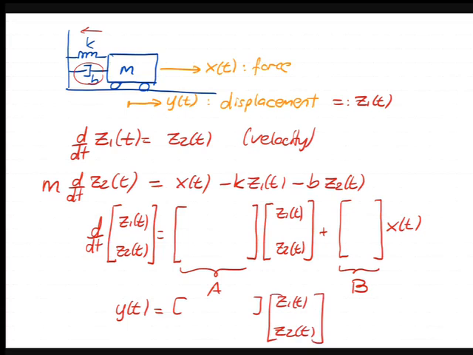We are not going to need a D, so I'm not going to write that. Okay, so let's fill it in. So z1 dot is just z2, so you get 0, 1, and no input, right? What about these entries?